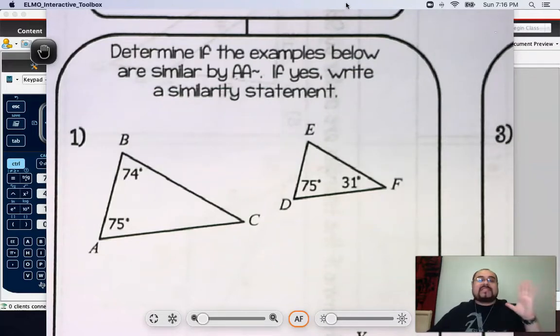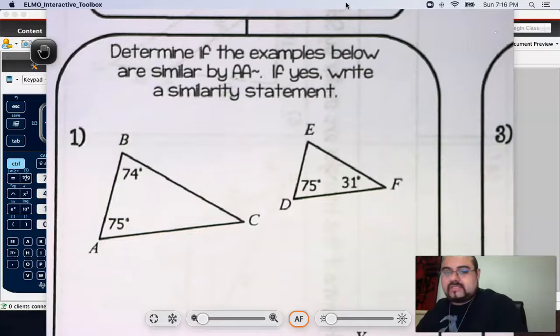It's going to be the same way. And in fact, we're going to use the grid system to make sure that we organize our thoughts and are able to come up with our similarity statement. Remember guys, order is going to matter, especially when you're looking for the second part of the similarity statement. And you'll see what I mean by that here in just a bit.